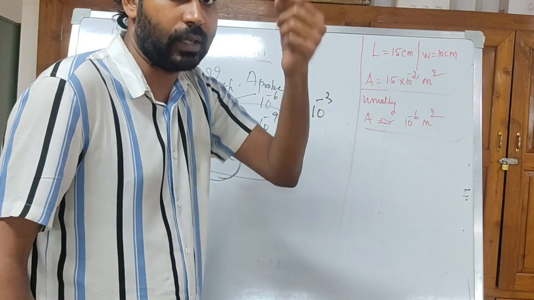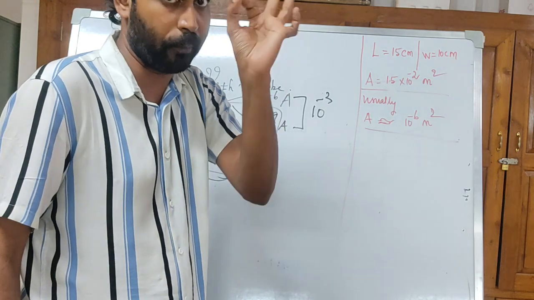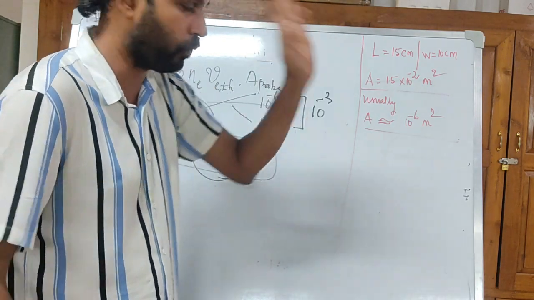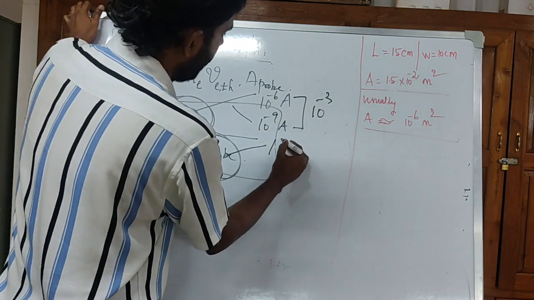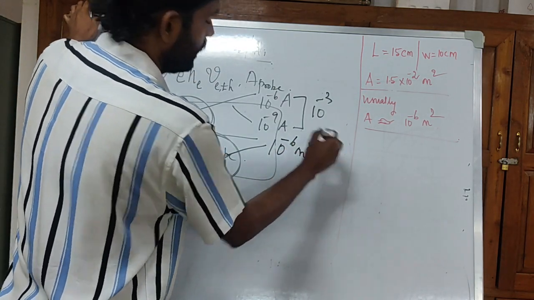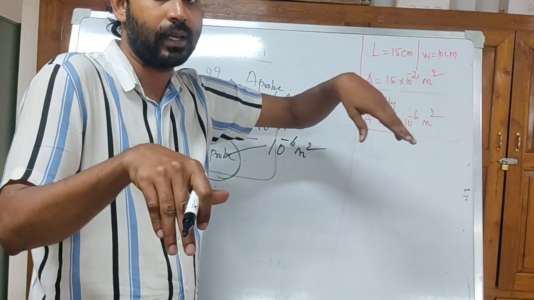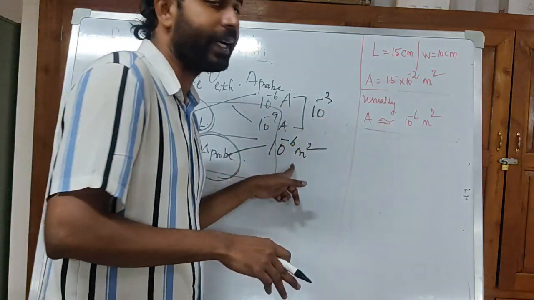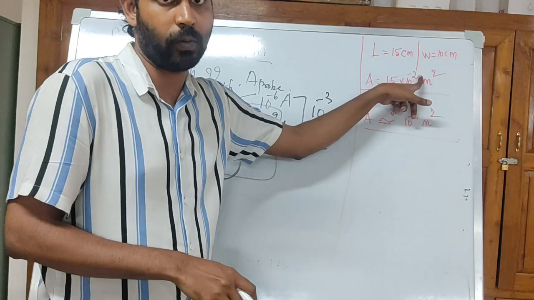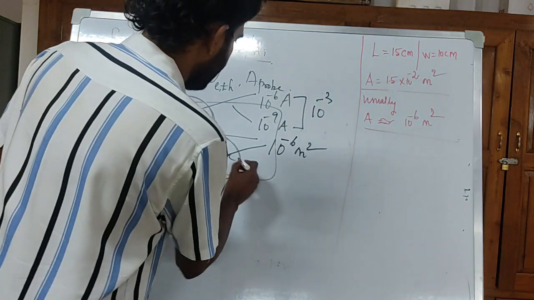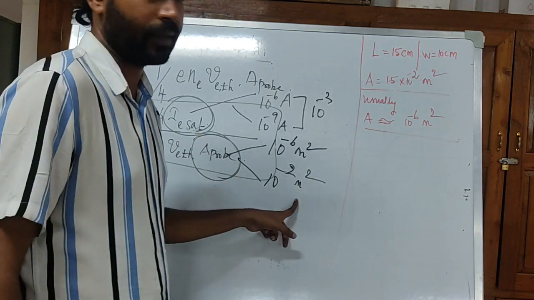For the conventional 1 centimeter by 1 mm probe tip, the probe area comes to be 10 power minus 6 meter square. But our PCB board is almost 1000 times greater in area compared to the conventional one. Its probe area is in the 10 power minus 2 range.